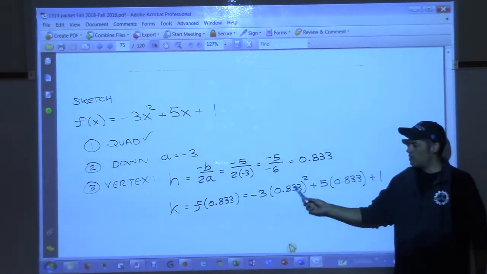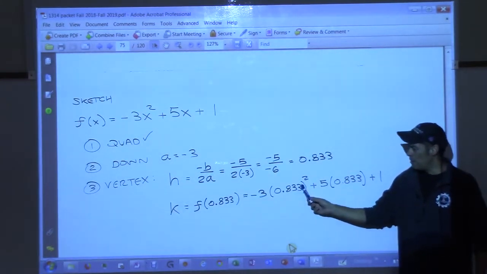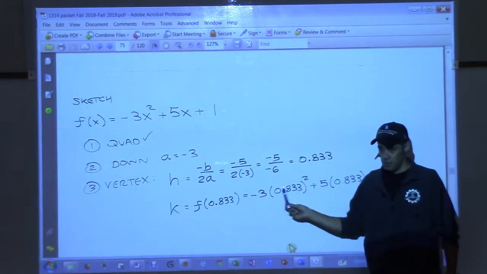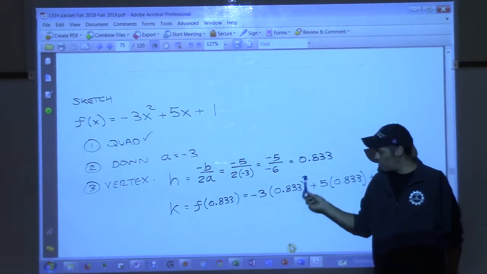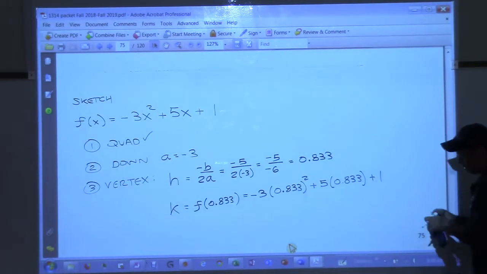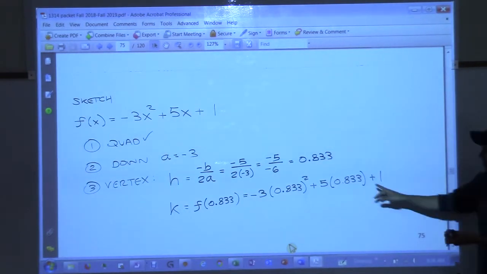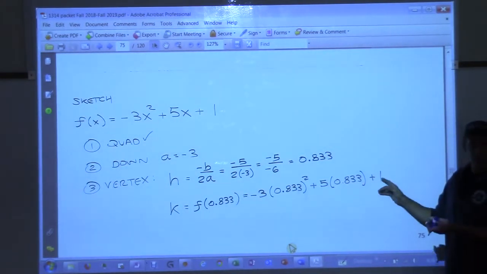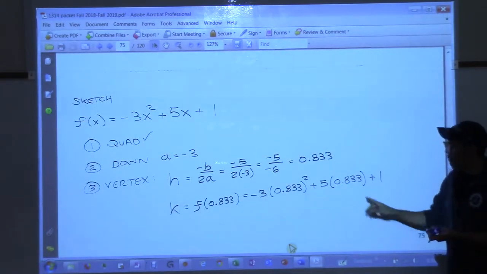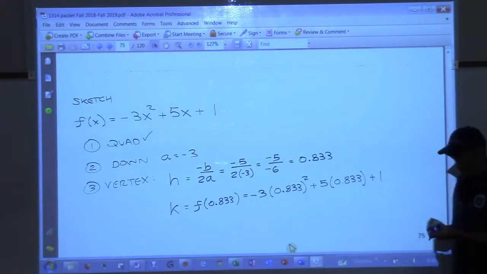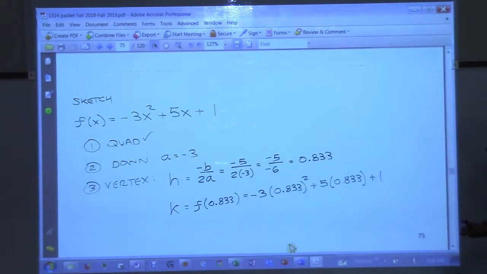So I'm going to square this first. It's very important that you do not multiply those before you do the squaring, right? So square that first. Let's go ahead and do that. So again, my calculator, 0.833. I only did like 3 decimals, okay? If you want to do 4 of them, 5 of them, you can. Just don't put 0.8, okay? Go at least 2 decimals. Square that.